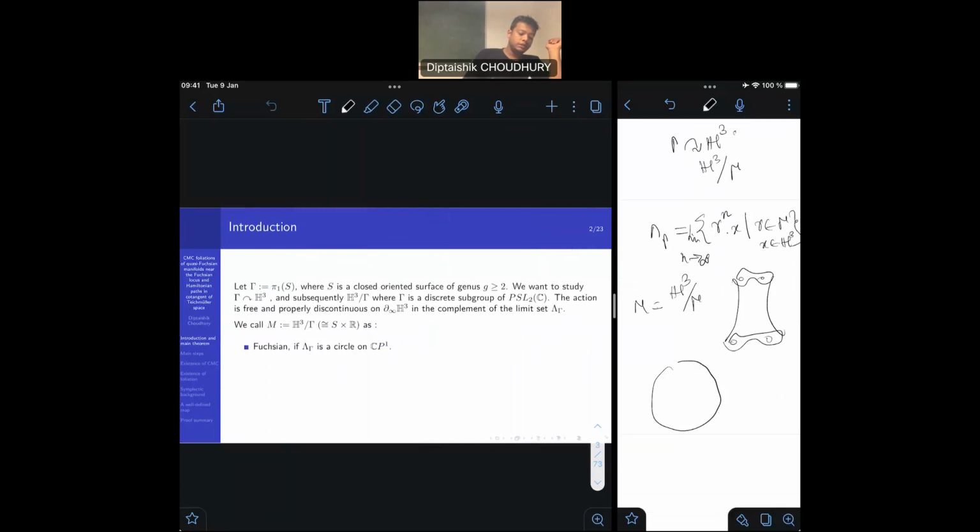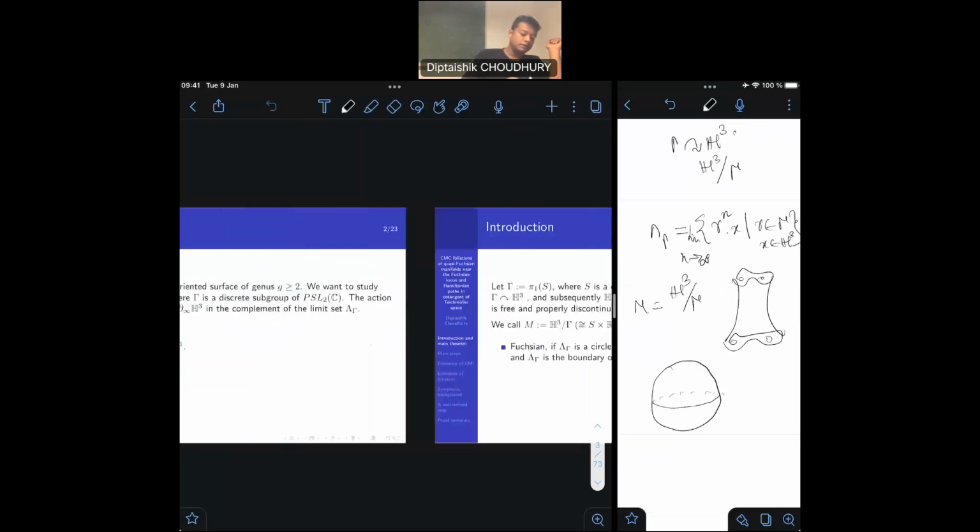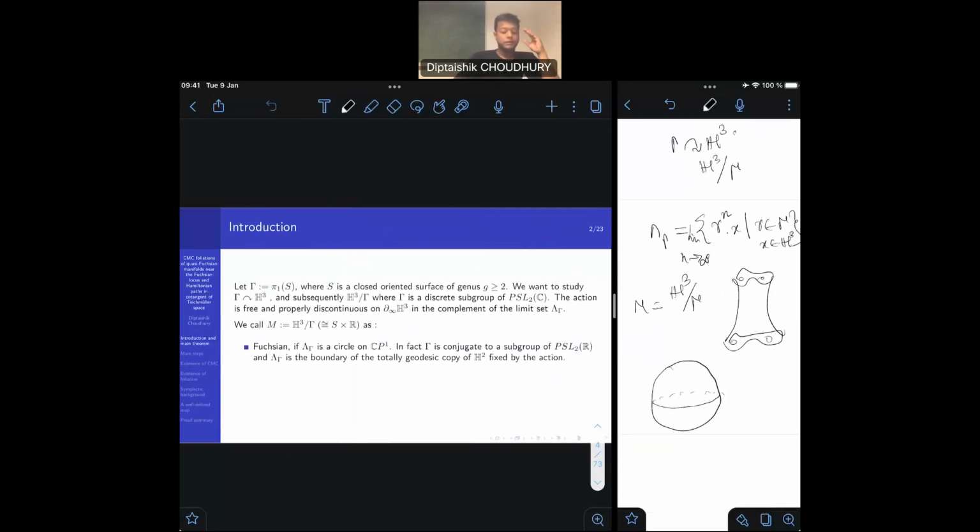That means the limit set is actually an honest circle, and in this case you can say more: this gamma is conjugate to a subgroup of PSL2R, which is fixing H2 inside H3, as PSL2R is indeed identified with the group of orientation preserving isometries of H2.